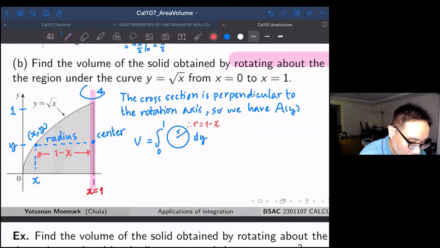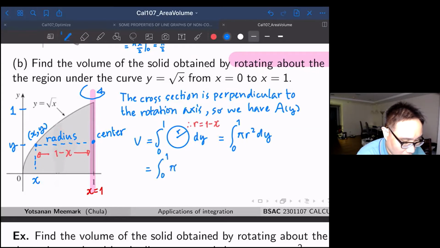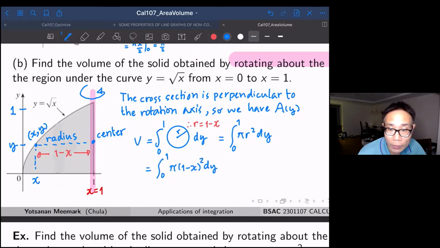And so you're gonna have the integral from 0 to 1 of pi r squared dy. So you get the integral from 0 to 1 of pi, and the radius is 1 minus x, and you have dy, so it's going to be 1 minus x squared. Okay, so that will be my radius.